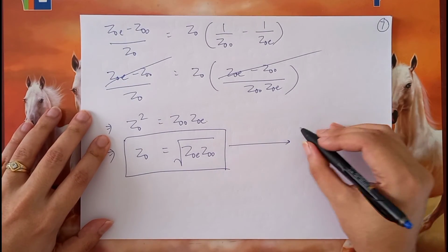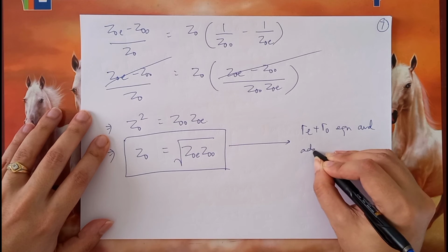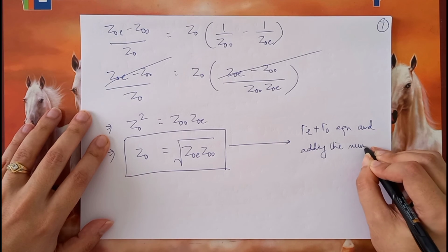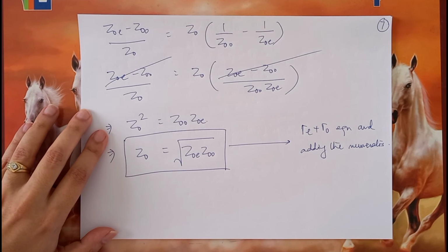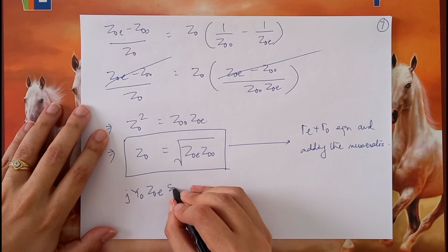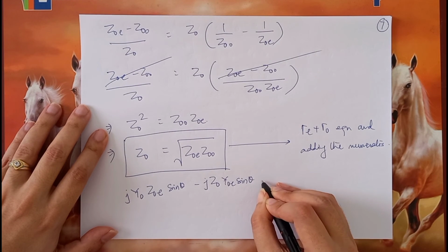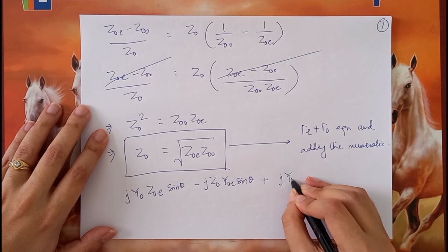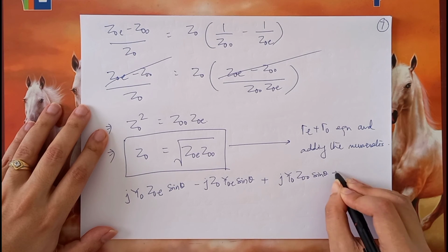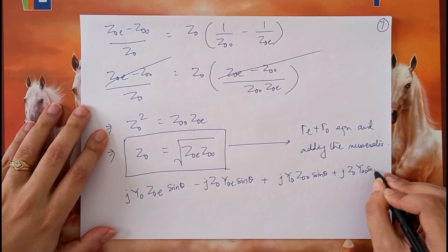So putting this into the gamma e plus gamma o equation and adding the numerators, what we will get is the following: j Y0 Z0e sin theta minus j Z0 Y0e sin theta plus j Y0 Z0o sin theta plus j Z0 Y0o sin theta.